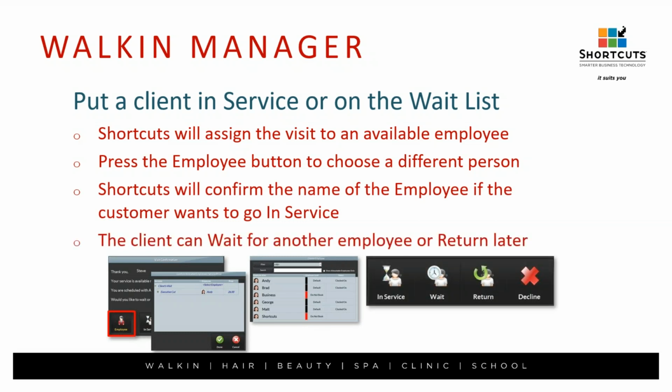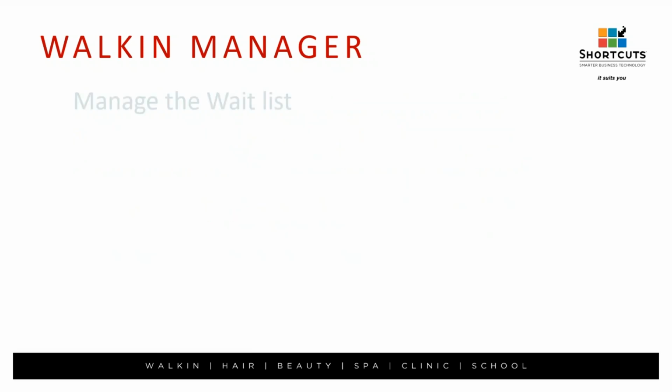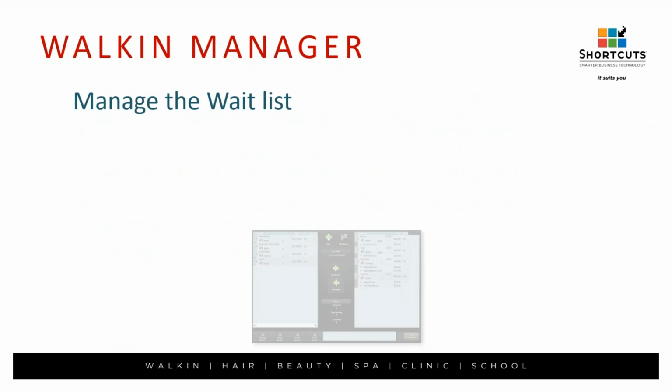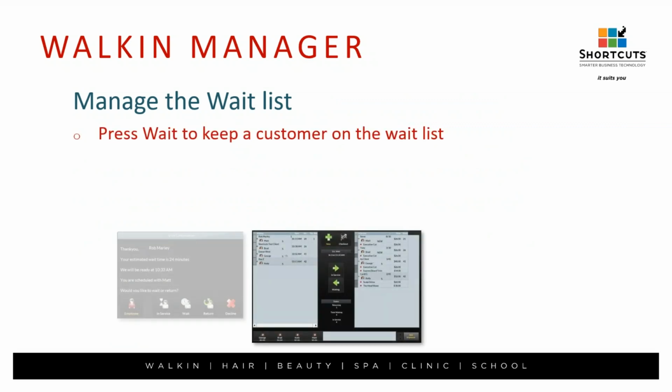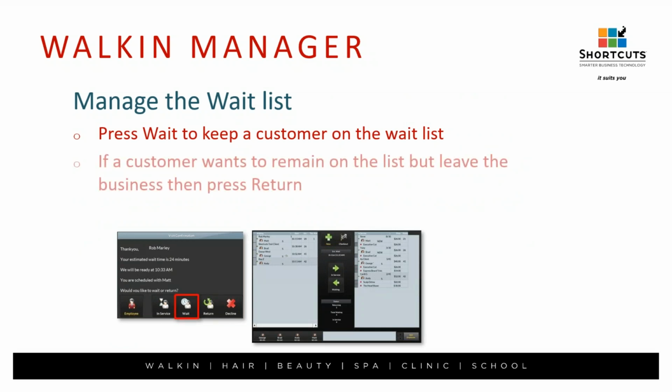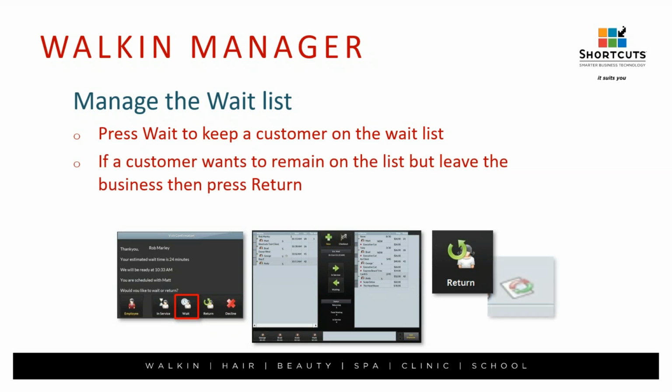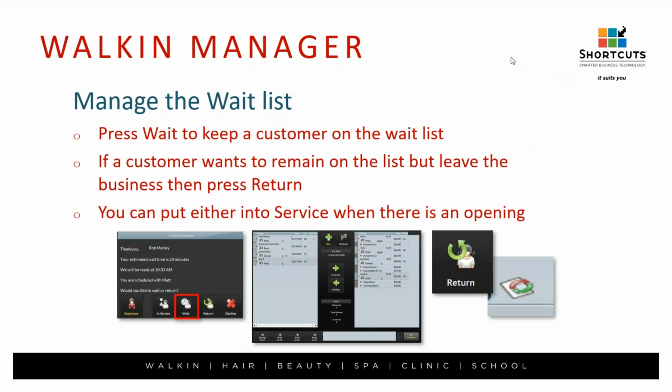And they can wait or they can return. So you're constantly moving customers from the left list to the right list. So customers can stay waiting, they can return, or they can decline. And then in that case, Shortcuts will remove that customer's information.